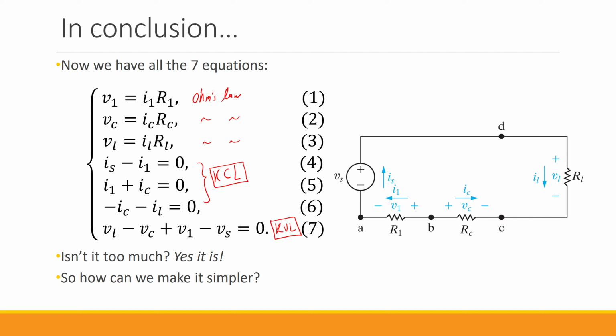What if we have more than 3 resistors in our circuit? What if we have more than 4 nodes? What if we have more than one closed path? When you add those up, the number of equations becomes very large, even for a circuit that has 5 different elements. And then it is going to be very hard to understand what's happening. So we can make it simpler, at least for this circuit.